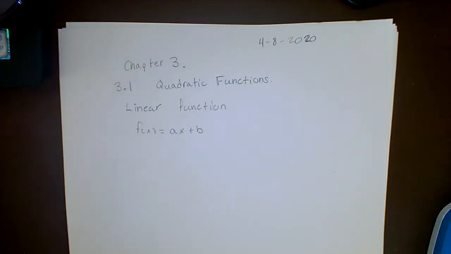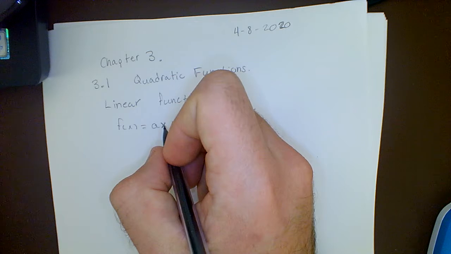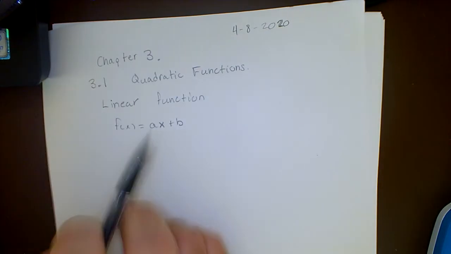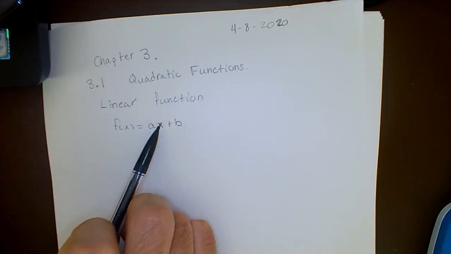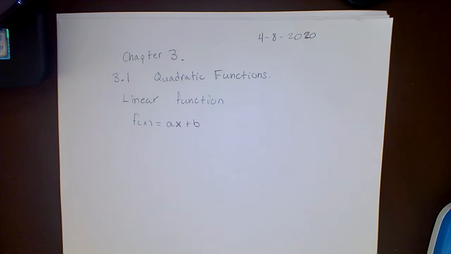It's linear because it's an order 1 function, meaning that the biggest exponent your variable x can be is 1. So we're going to talk about quadratic functions.